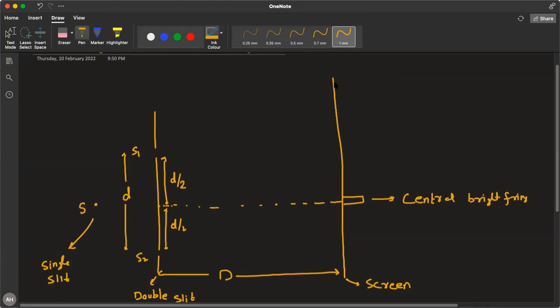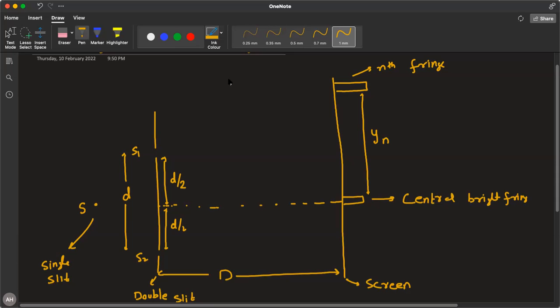Over this point, there is some fringe, some bright fringe or some dark fringe. The separation of this fringe from the central maxima is yn. This is some nth fringe. It could be any fringe, a dark fringe or a bright fringe.